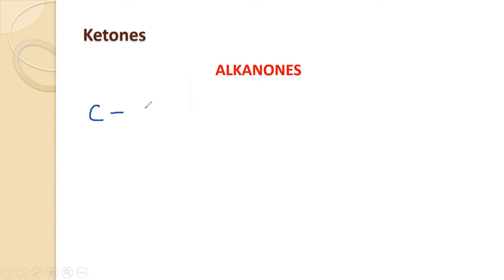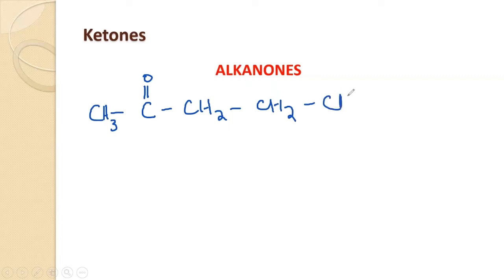The next member, pentanone, can have 2 isomers. Here, the double bond O, the functional group, is present on the second carbon atom. So we call this pentan-2-one.